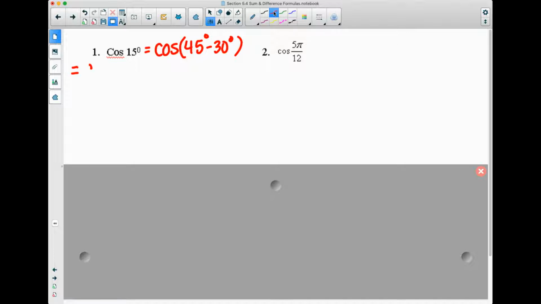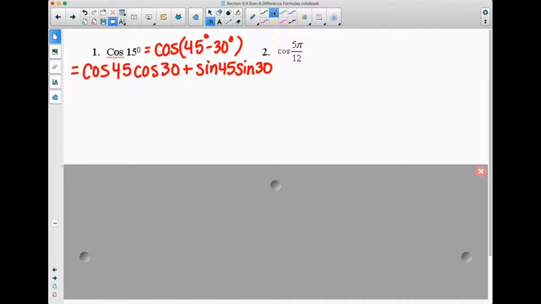So we have cosine of alpha, which is going to be 45 in this case, cosine of beta, which is 30, plus sine of alpha, sine of beta. Okay, so cosine at 45 degrees is what?